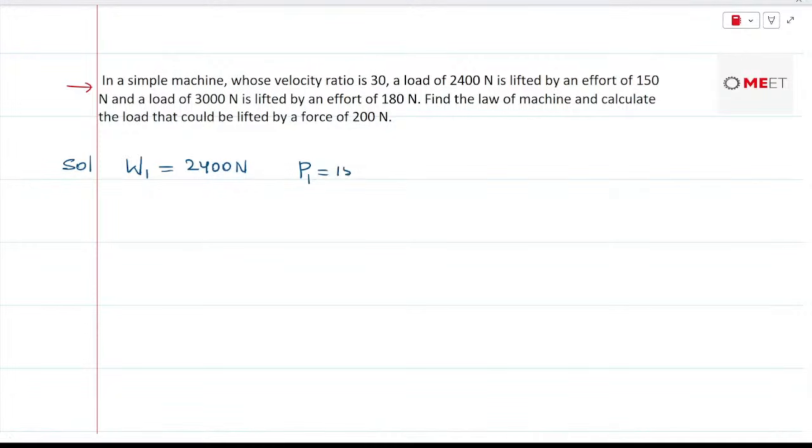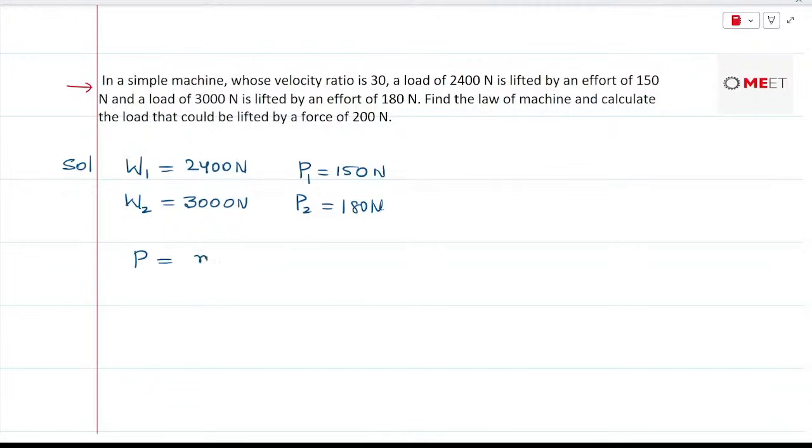And in the second case, the load is increased to 3000 newtons and effort is 180 newtons. Now the law of machine is required to be calculated, and the load when the effort is 200 is required to be estimated.